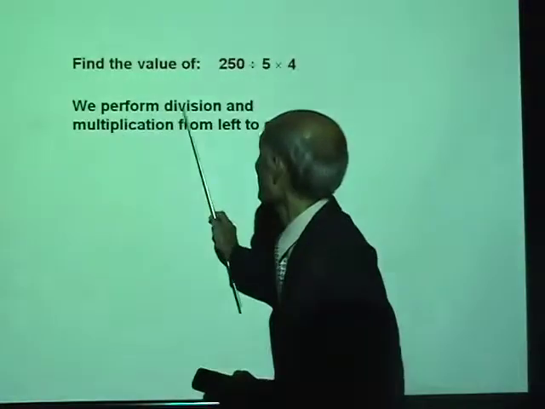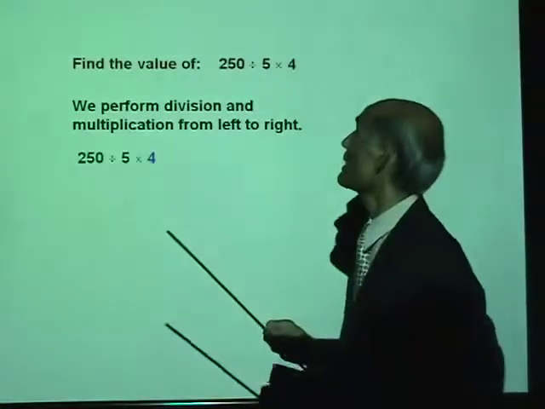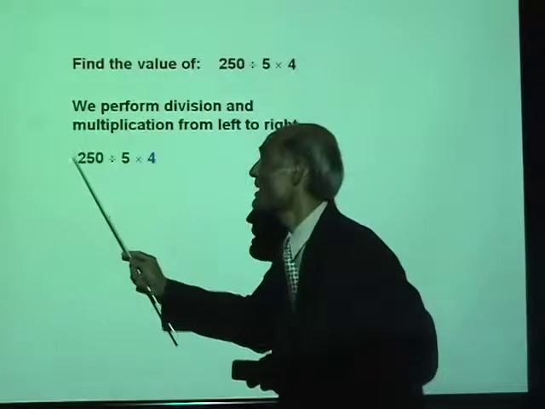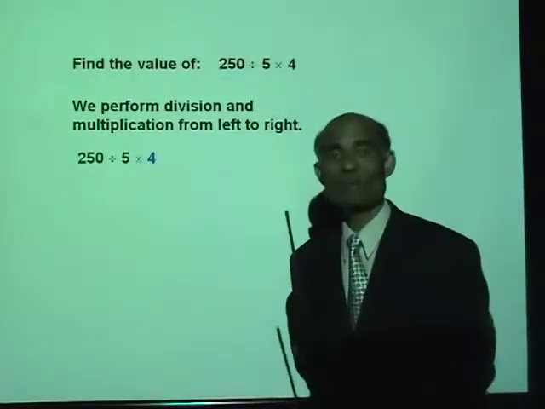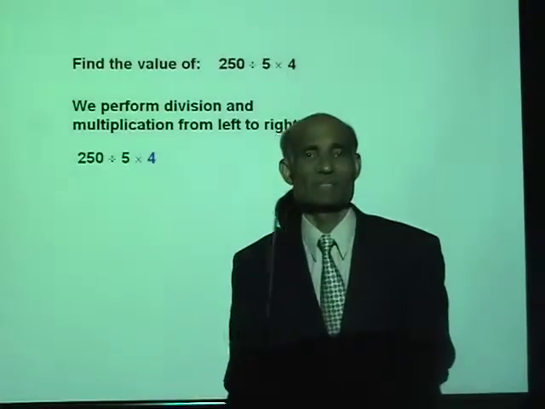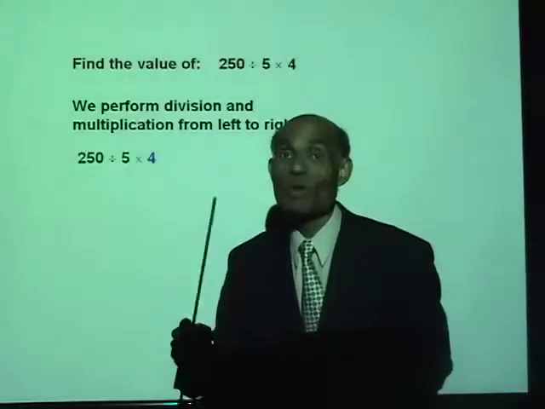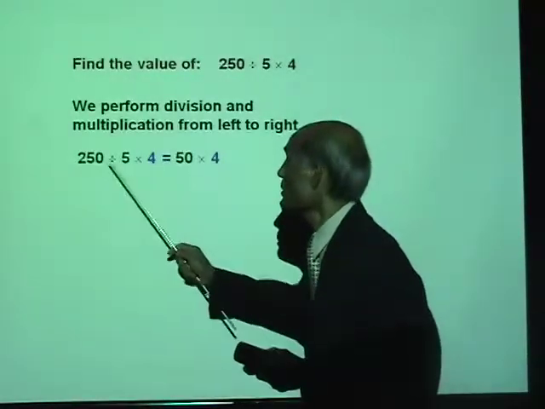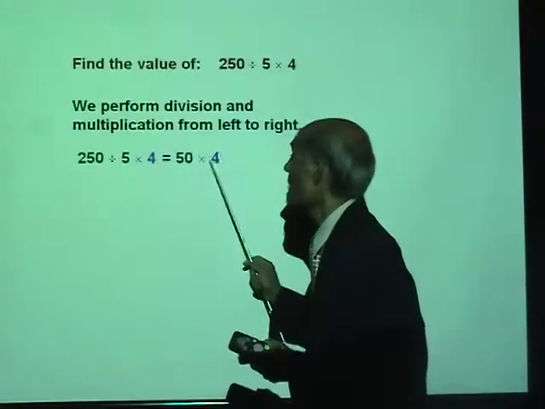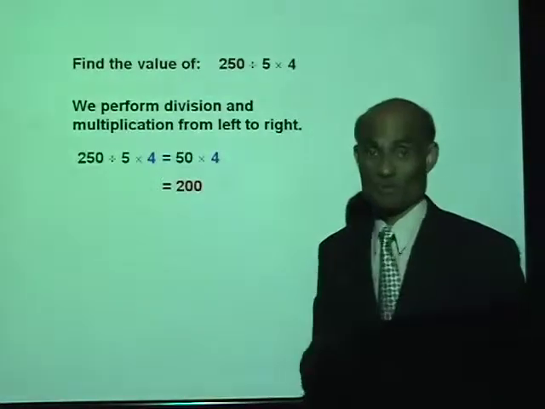So the first thing to do is 250 divided by 5. What is 250 divided by 5? It will be 50. Now multiply that by 4. What is 50 multiplied by 4? It will be 200.